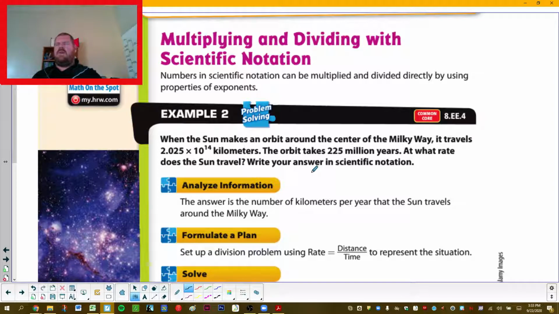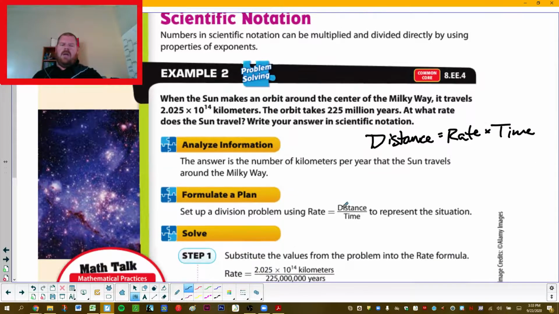So this is kind of a science equation problem, using the base formula distance equals rate times time. They've altered that formula just a little bit to solve it for rate, which equals distance over time.